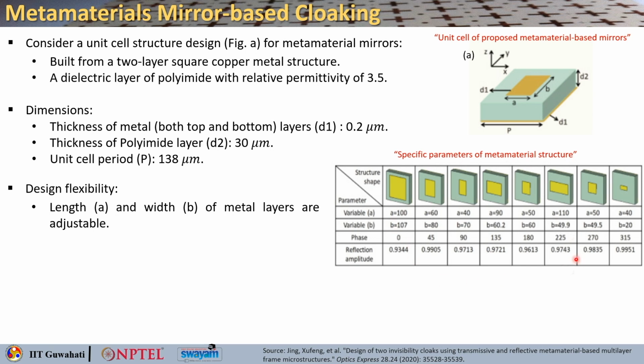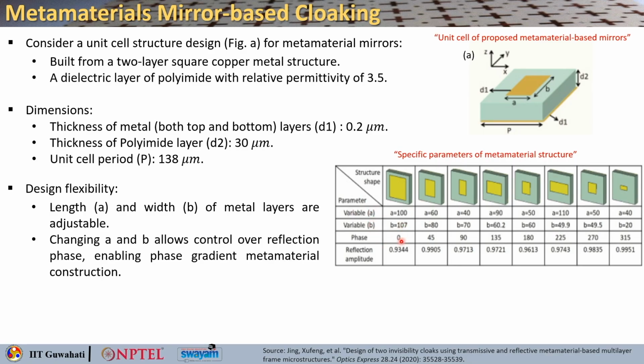So this particular table shows different structure size where you are basically changing A and B, okay, and you can see that when A equals 100 and B equals 107, the phase is 0 and your reflection amplitude is 0.9344, right.